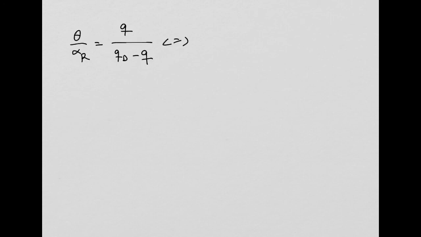So I'm going to invert the left-hand side, so I'll get alpha r over theta, so I need to do the same for the right-hand side. Okay? And now I'm going to send this alpha r from the left-hand side to the right-hand side.